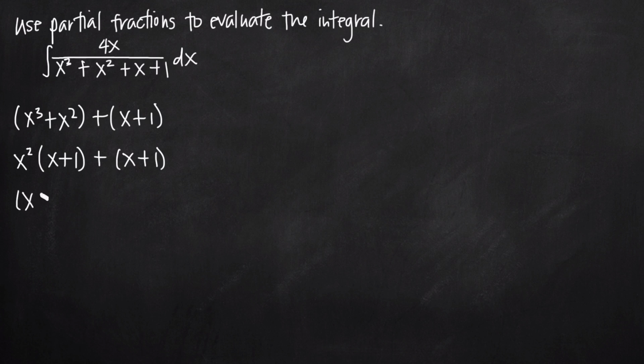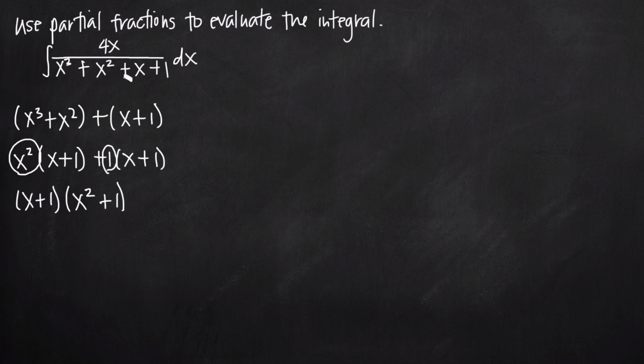Quantity x plus 1, pulled out in front, means we're going to be left with x squared, which we pull from right here, and then plus 1, which is the hidden coefficient in front of this x plus 1 term here, so x squared plus 1. Now our factors are irreducible, so we know we've done everything we can to factor.